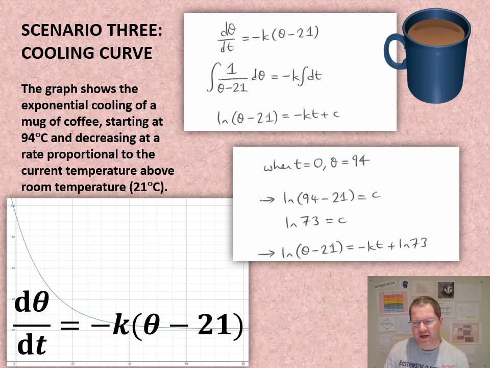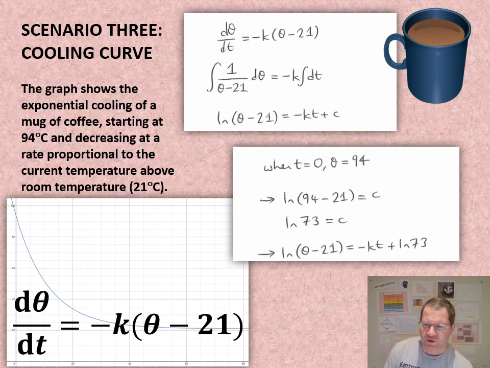So we're going to divide by (theta minus 21) and multiply by dt. That gives us the integral of 1 over (theta minus 21) d theta is equal to minus k times the integral of dt. And then if we wish, we can integrate by substitution to get ln of (theta minus 21) equals minus kt plus c.